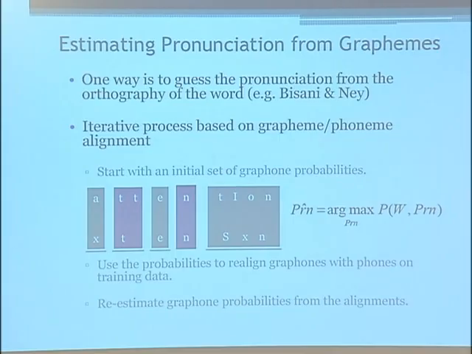One possibility was to tie up the grapheme to phoneme generator with the lexicon selection. So G2P, or grapheme to phoneme, is a way of guessing the pronunciation given only the orthography of the word.